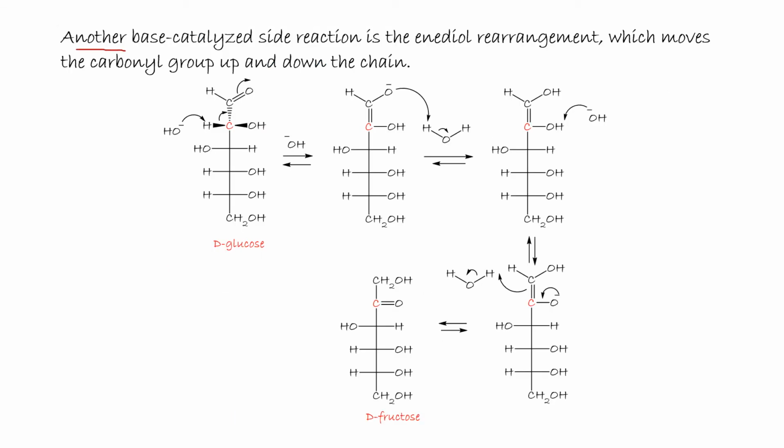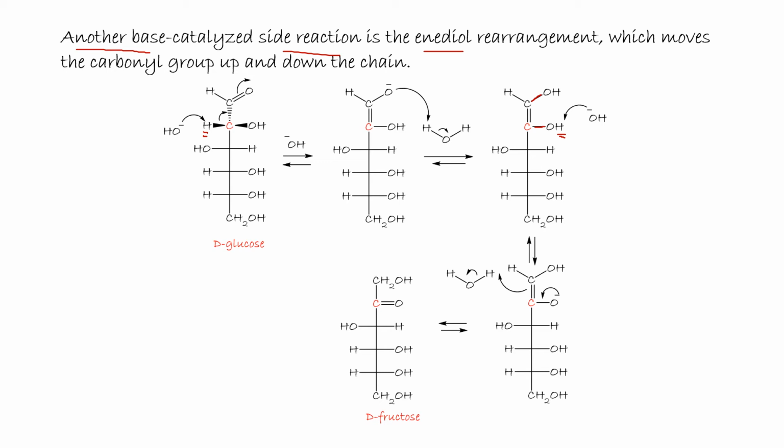Another base-catalyzed side reaction is called enediol rearrangement. In basic condition, this deprotonation will lead to the formation of the enolate. Protonation on this oxygen will give this enediol. Deprotonation of this OH will lead to the enolate.